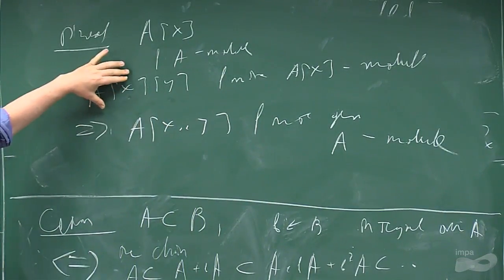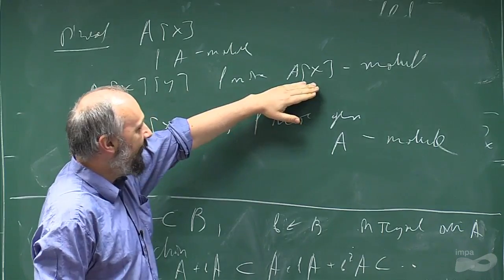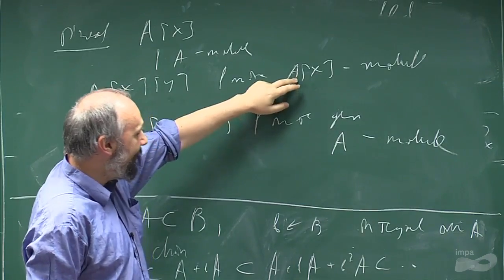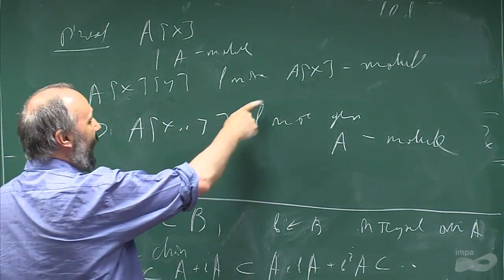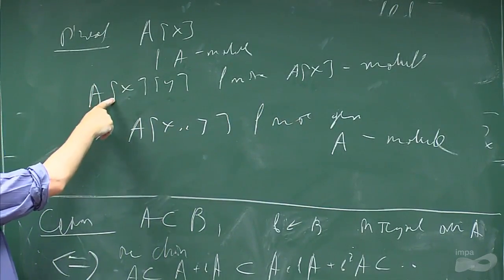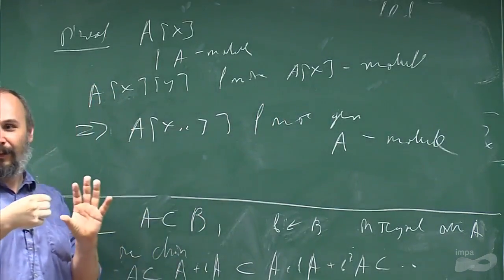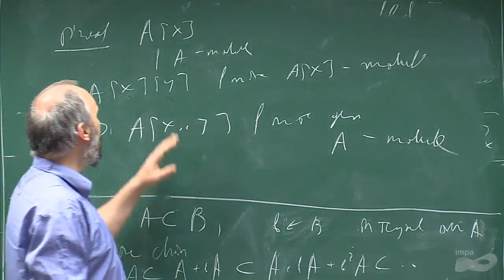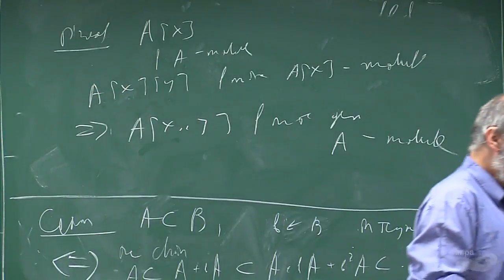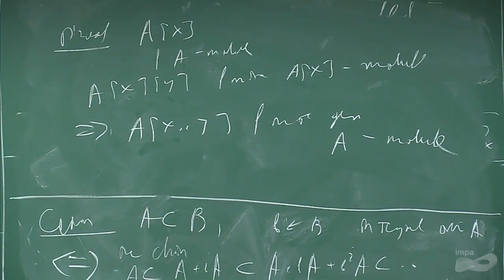I repeat, this is finite over that, and this is finite over this. You have finitely many generators of this ring as a module, and this ring has finitely many generators over this module. You just multiply them all, and this gives you generators of this as a module. Something we already had. And now X plus Y and XY belong to a submodule, and a submodule is finitely generated because A is Noetherian.